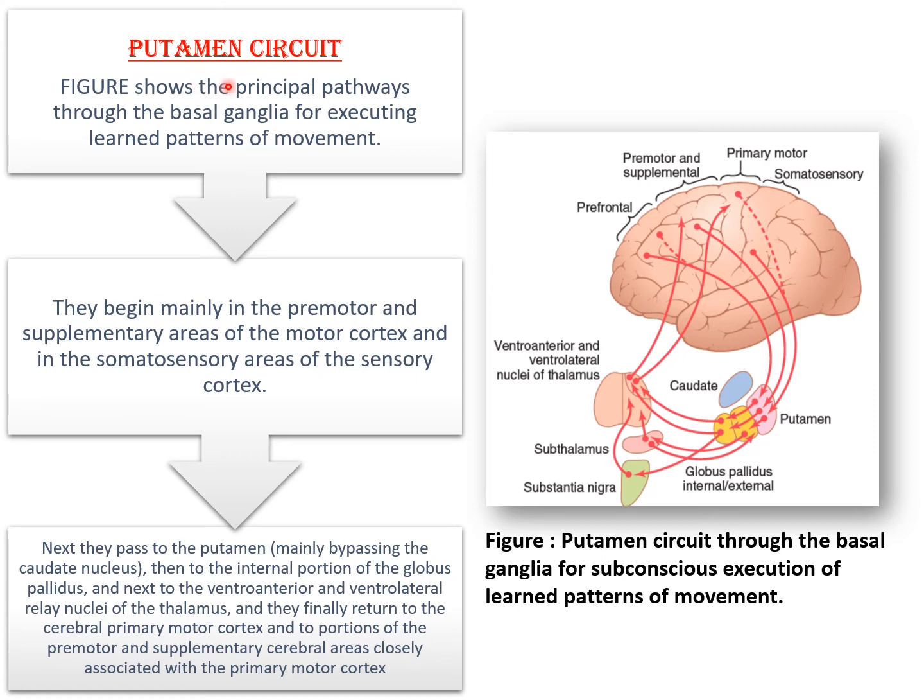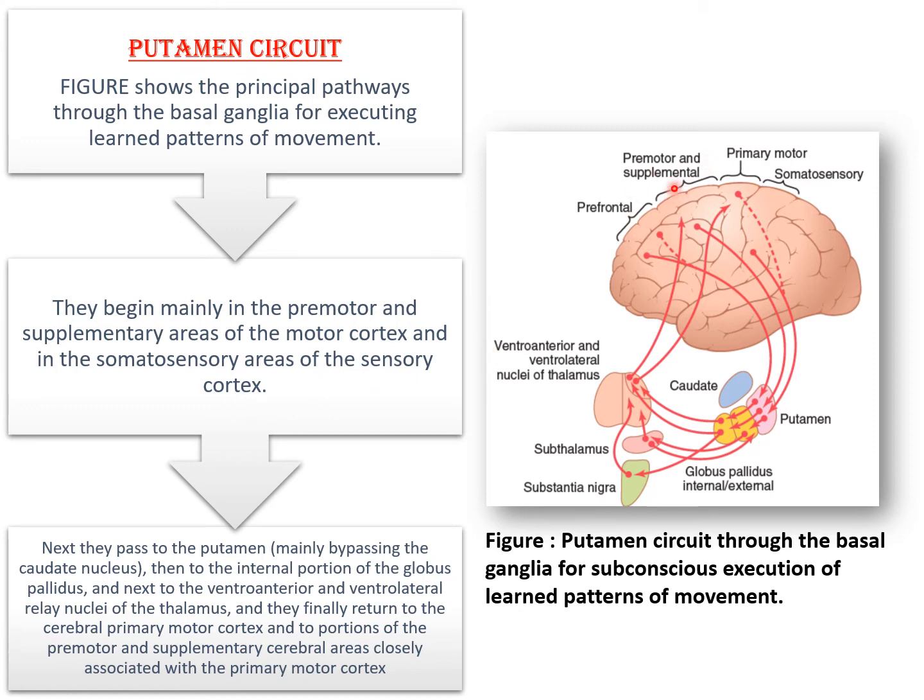So first of all, putamen circuit. This figure shows the principal pathway through the basal ganglia for executing the learned pattern of movements. They begin mainly in the premotor and supplementary area of the motor cortex and in the somatosensory area of the sensory cortex.